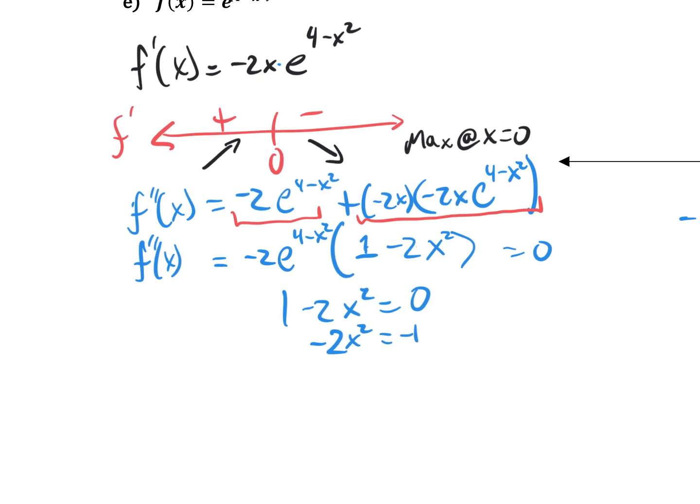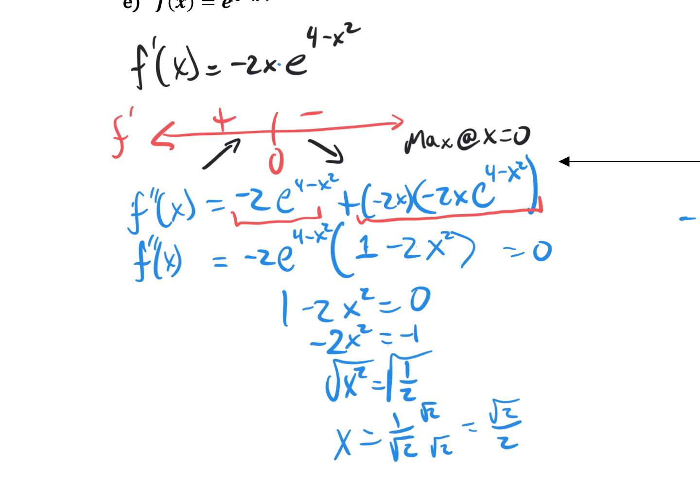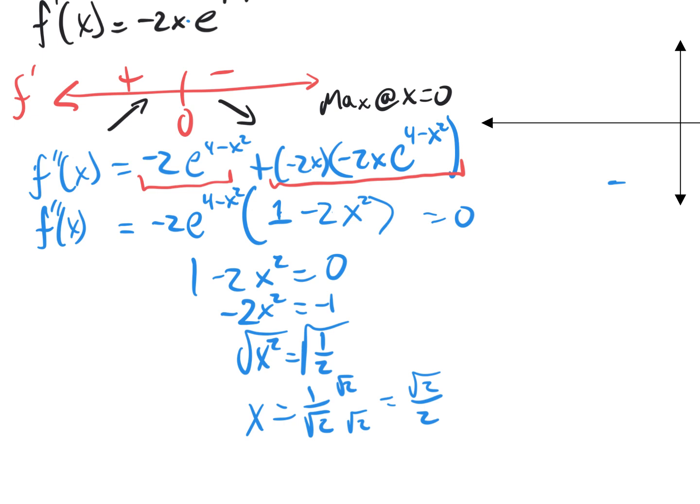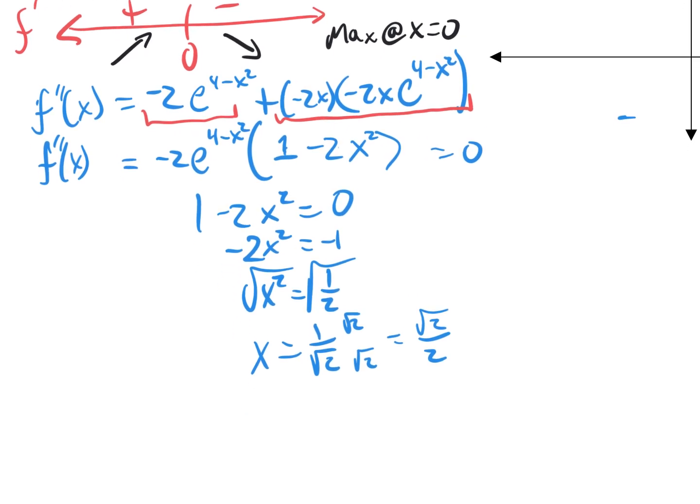Divide by 2. Well, positive 1/2 and square root. So x equals 1 over the square root of 2, or multiply by square root of 2 to rationalize the denominator. Square root of 2 over 2. Okay. So which is about, this is 1.4 divided by 2, so it's about 0.7.